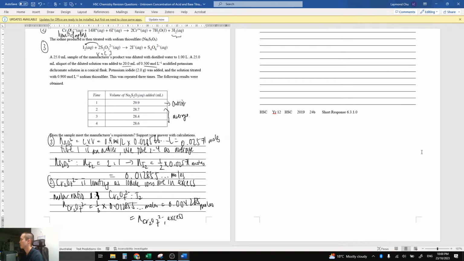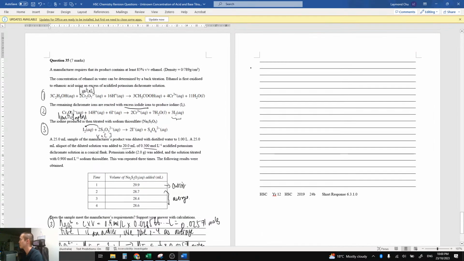Okay, now again, similar to what we did earlier, we want to find the dichromate initial, which is just 0.02 liters times 0.5 moles per liter, which is 0.1 moles.